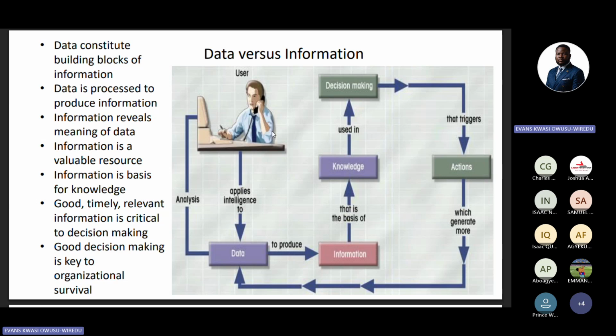Yes, definitely. So those of us who are now joining us, you see, information in the computing sense comes from the root called data. And normally, in between data and information, the data is processed.